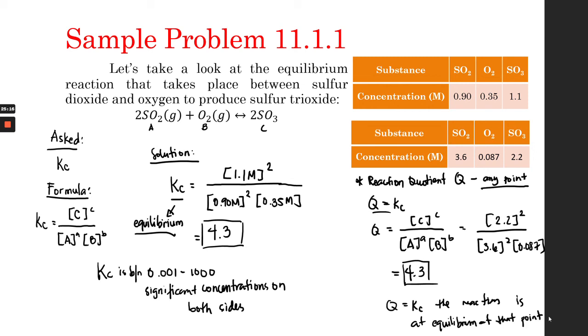Okay, so I hope that is clear. So Q is basically something you can use to check Kc, but it's more to identify whether a reaction is at equilibrium or not. I hope that is clear. It's quite simple naman. What is equilibrium, or what is equilibrium constant?